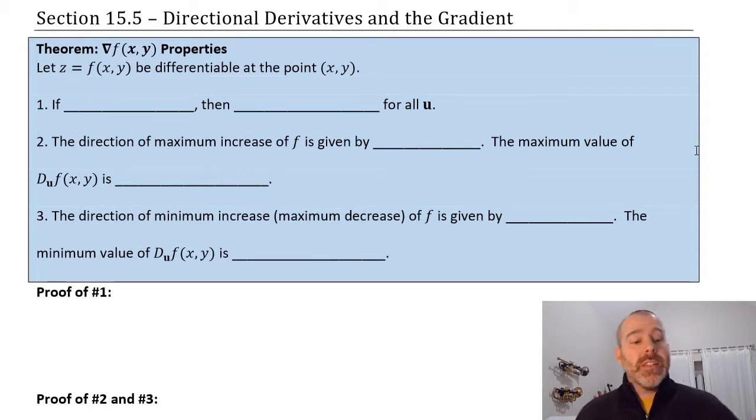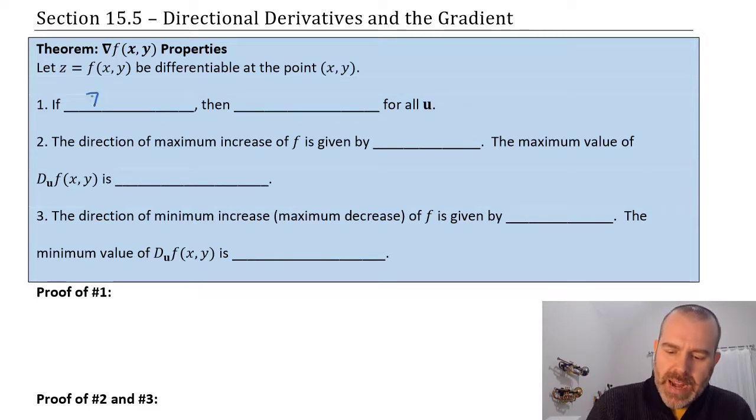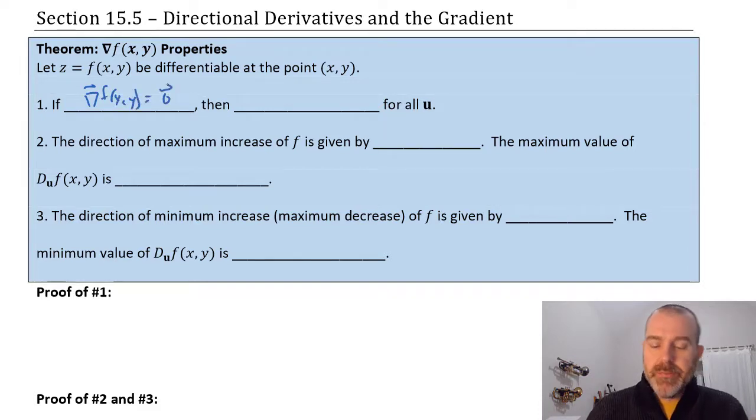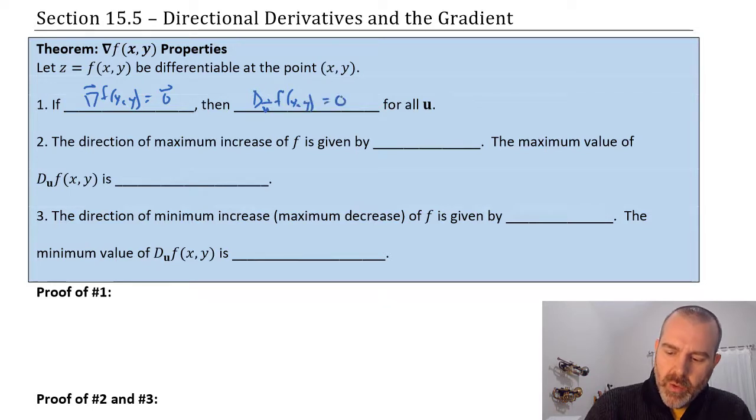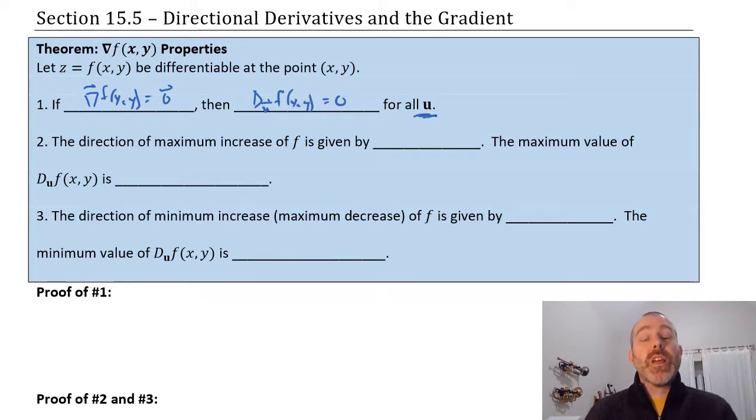So next, a theorem with some properties. First, if the gradient is equal to the 0 vector, then the directional derivative will be 0 in every direction.